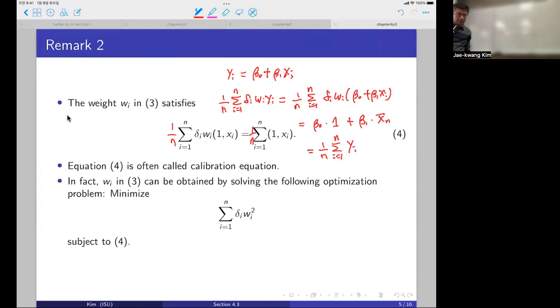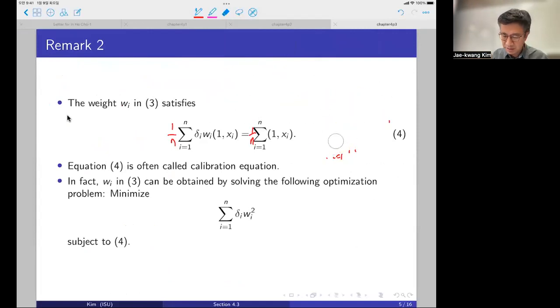By the way, let me first show why this equality holds. So let's discuss why this equality holds.